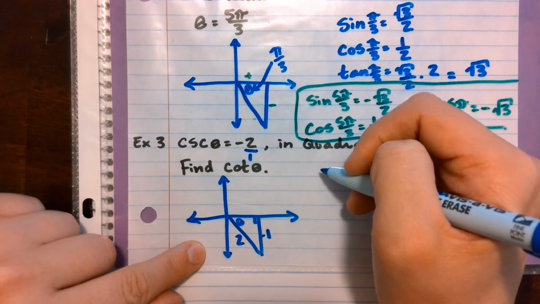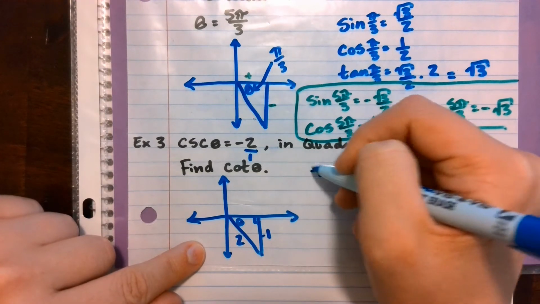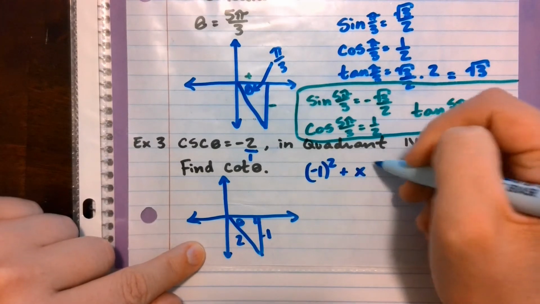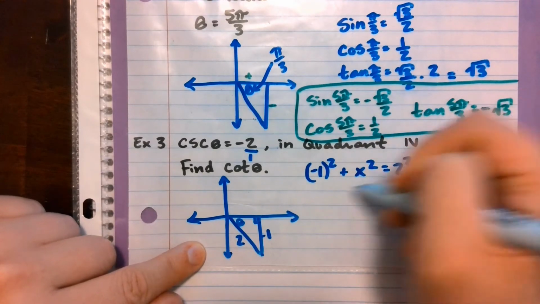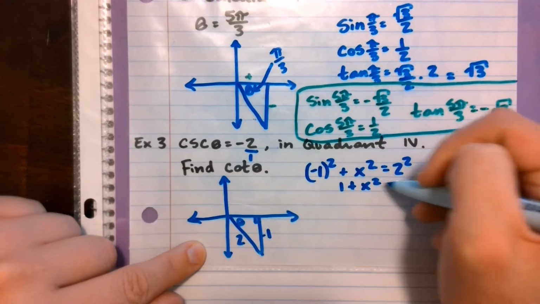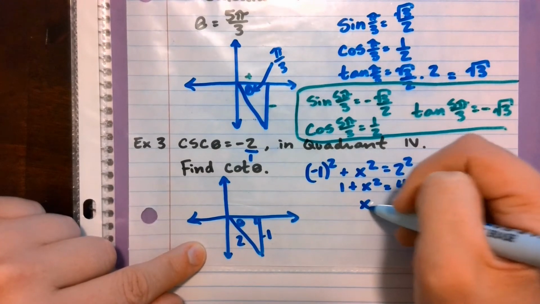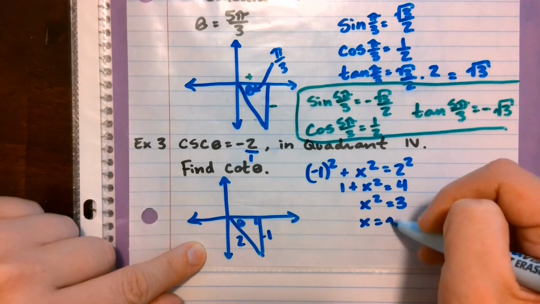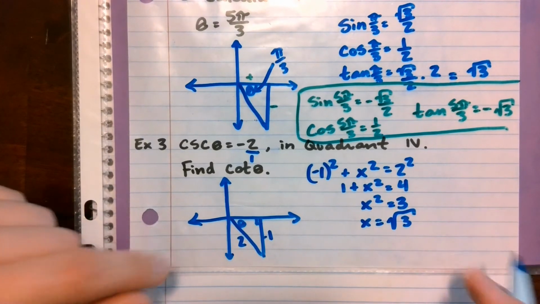So using our Pythagorean theorem, we've got our -1 squared, and it really doesn't matter that it's negative or positive. And we're going to end up with our missing side there being radical 3.